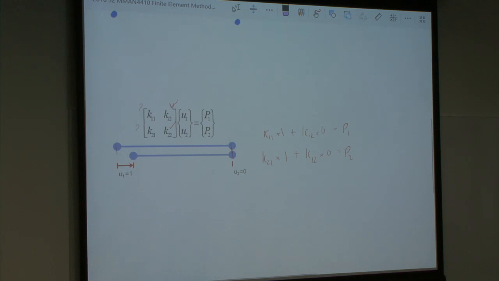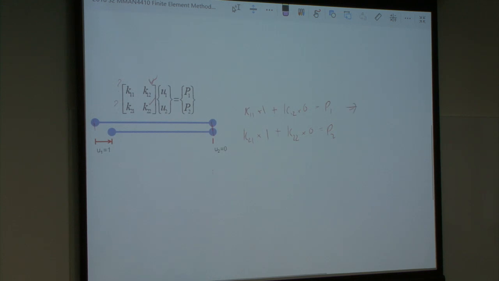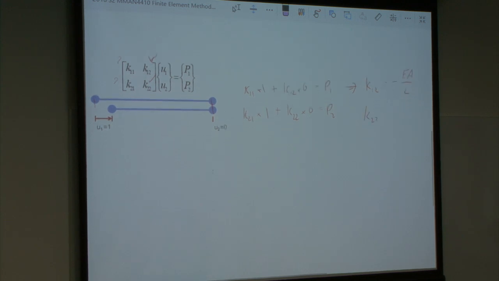Again, we know P1 and P2 because of the direct formulation from what we know in first year mechanics. So from this, we get K11 equals EA on L, and K21 equals negative EA on L.